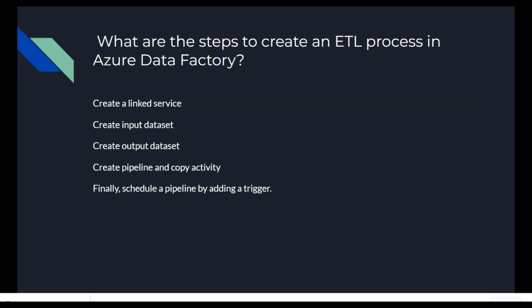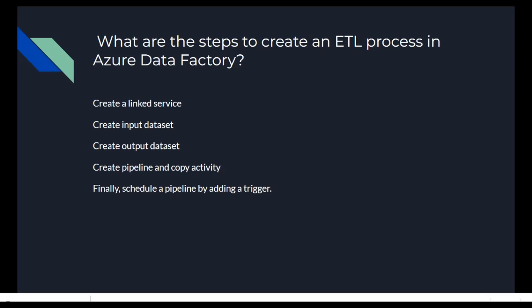Next is, how to create an ETL process in Azure Data Factory. First, we create a linked service, that is a SQL Server database or any linked service, and we create datasets, an input dataset and an output dataset. We require all the datasets that point to the data, and then we create the pipeline and add the activities we need, such as the copy activity.